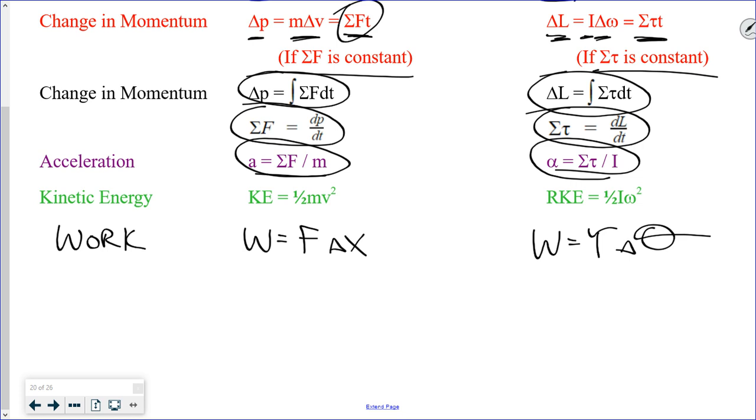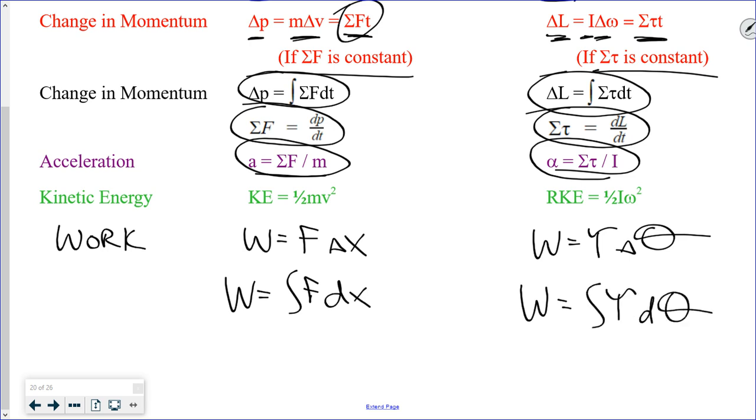And if you ever have to integrate, work is equal to the integral of force with respect to position. Similarly, work is equal to the integral of torque with respect to theta. In our work-kinetic energy theorem, net work is our change in kinetic energy. Over here, it becomes net work is change in rotational kinetic energy.